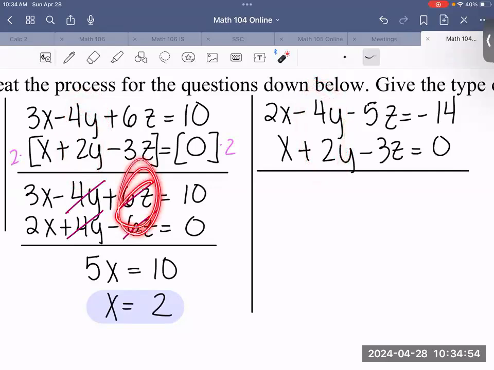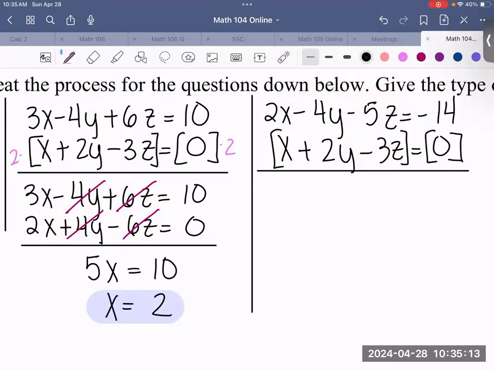You could also try to get your z's to cancel on this side too, because both of them canceled. It was just kind of an anomaly. But notice that 5 and 3, they don't have much in common. So let's try and stick with the y.